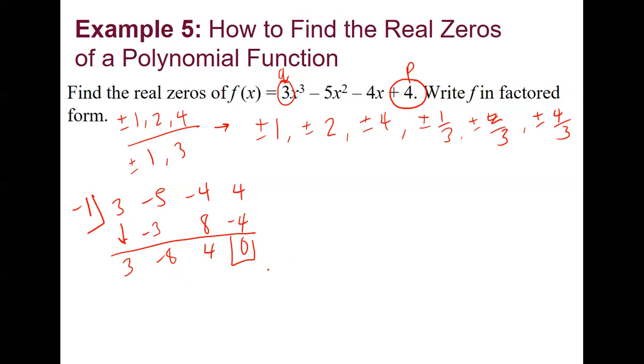Does that make sense? So because it's a factor, that means that x plus 1 times 3x squared minus 8x plus 4 thus far is a factor. Then at this point now, you either can repeat it again for 3x squared, or you could just use your quadratic rules.